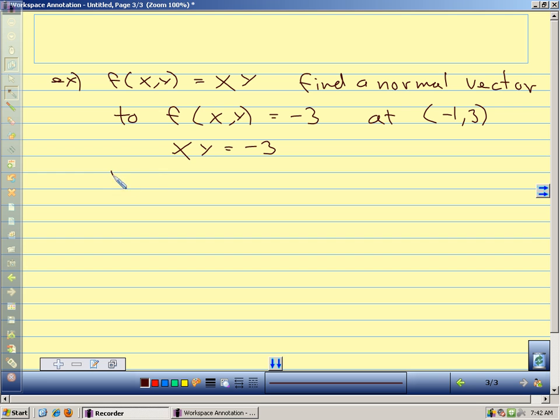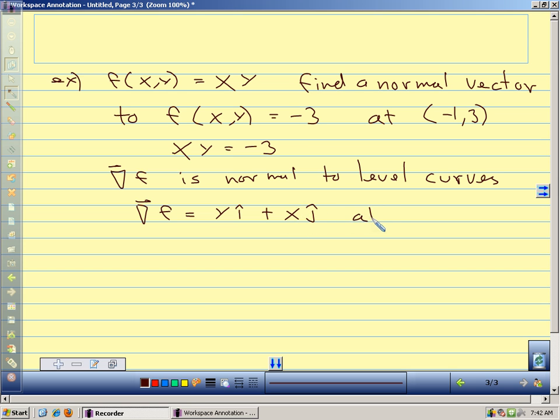So we remember that our gradient, del f, is normal to level curves. Del f in this case is going to be yi plus xj.